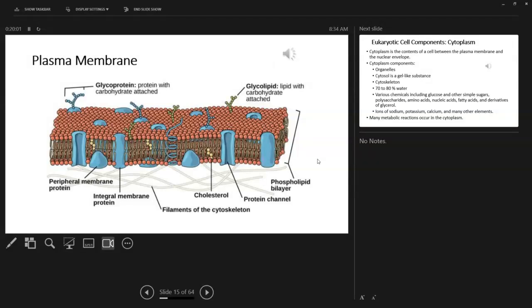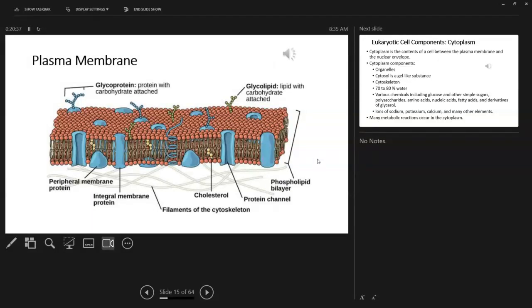They have tunnels or channels through them, and that's because some substances can easily move in and out through the phospholipid bilayer, like oxygen can pass right through pretty easily. Carbon dioxide can pass through, water can pass through, but other stuff, like most ions, like sodium and potassium and calcium ions, can't get through this, but they could get through these tunnels. That's how they come in and out.